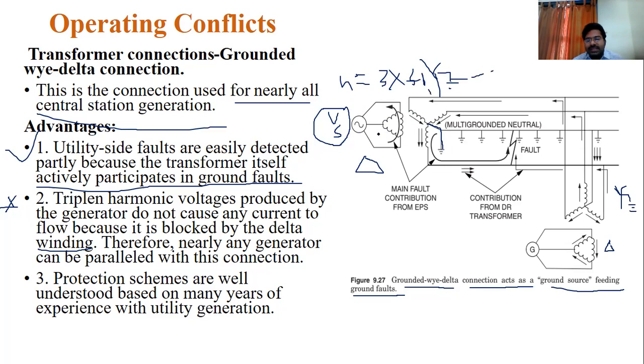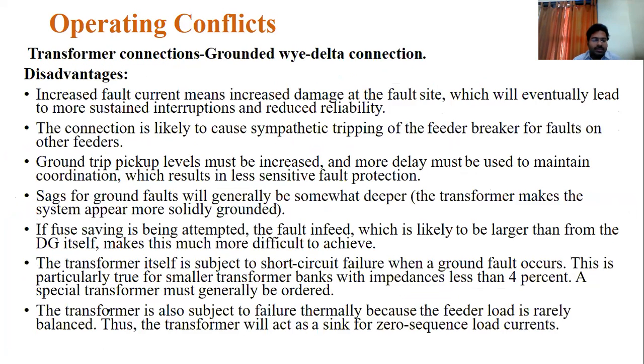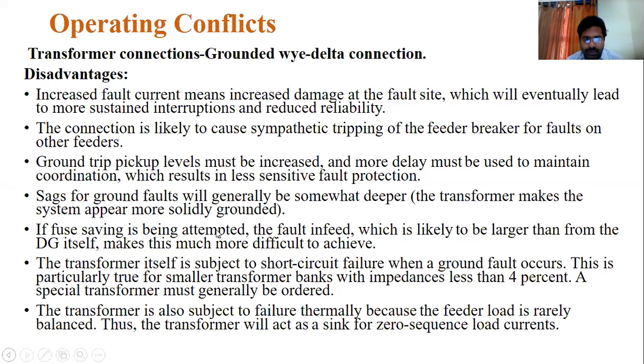It will be easily detected, and it will block the harmonic current from being injected into the secondary side of this feeder. The protection schemes are well understood based on many years of experience. Now there are advantages, but at the same time there are more disadvantages when using this grounded Y to delta connection.